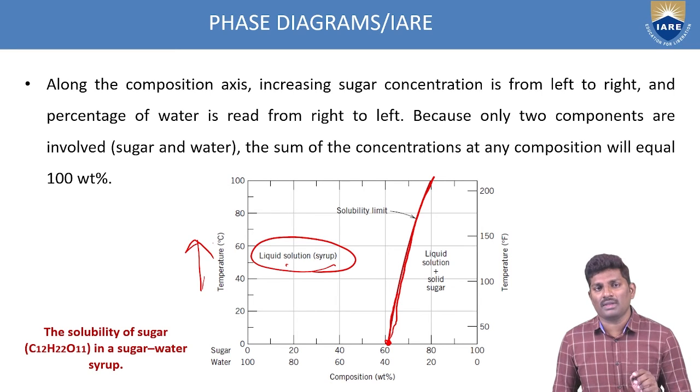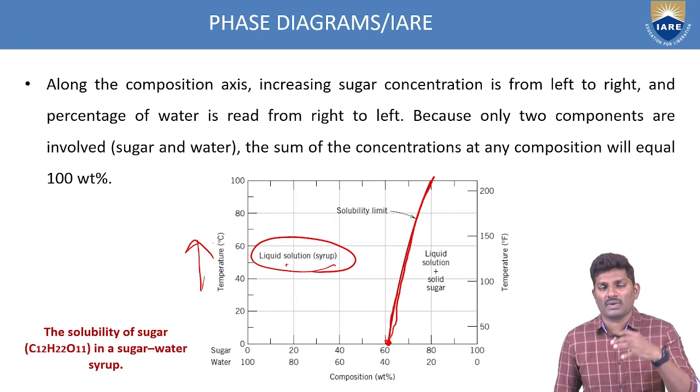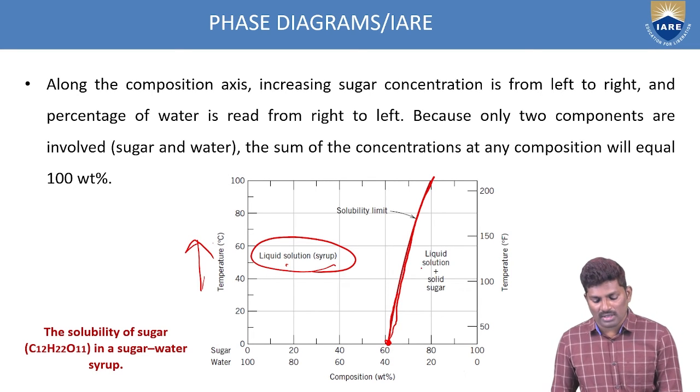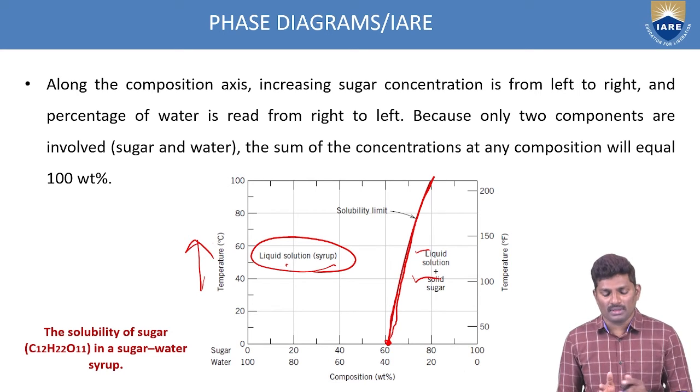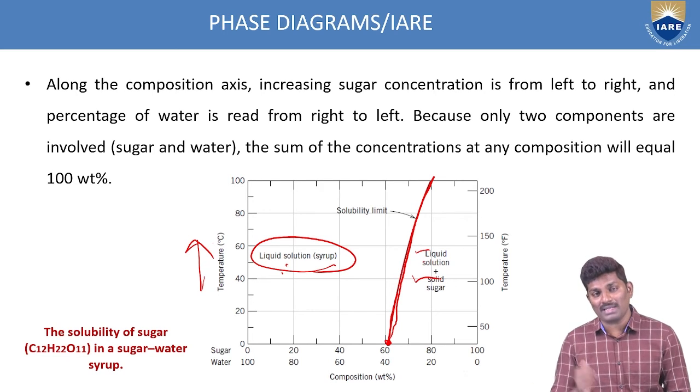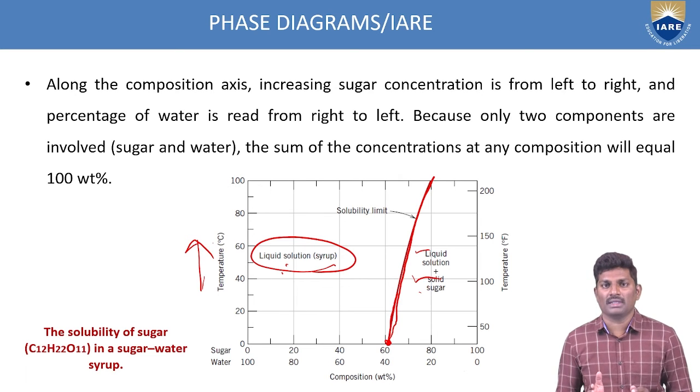In that container, you have the liquid syrup already existing. But the additional sugar you are adding is being settled down inside the container. That's why you are writing two things here: liquid solution plus solid sugar. So before the limit, you have to show the liquid syrup, and beyond that, you have to show liquid syrup plus the additional solid sugar. So this is how you have to represent the H2O solubility of sugar with water phase diagram.